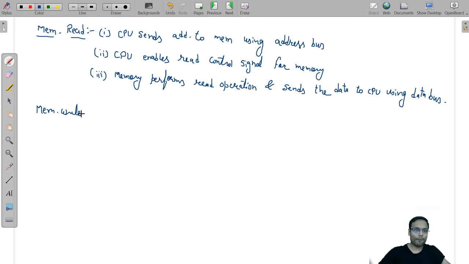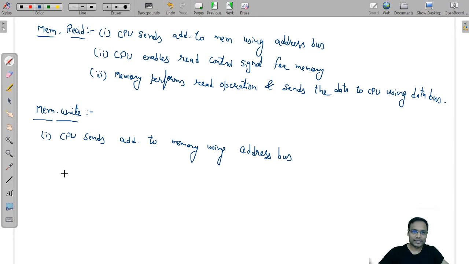That's why I'm making this note so that you can remember for a longer time. Memory write. What happens in the memory write? The first thing, the CPU sends the address to memory using the address bus. Second, you remember that in the write operation the CPU also sends the data, so the CPU sends data to memory using the data bus.